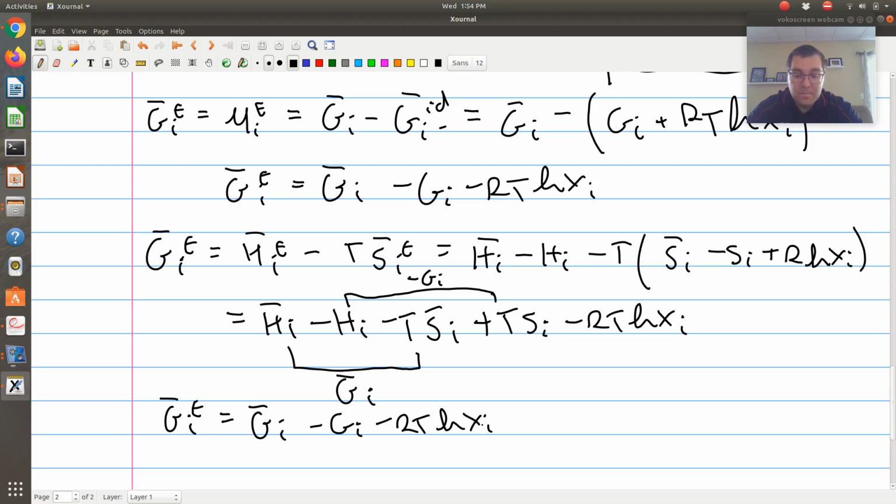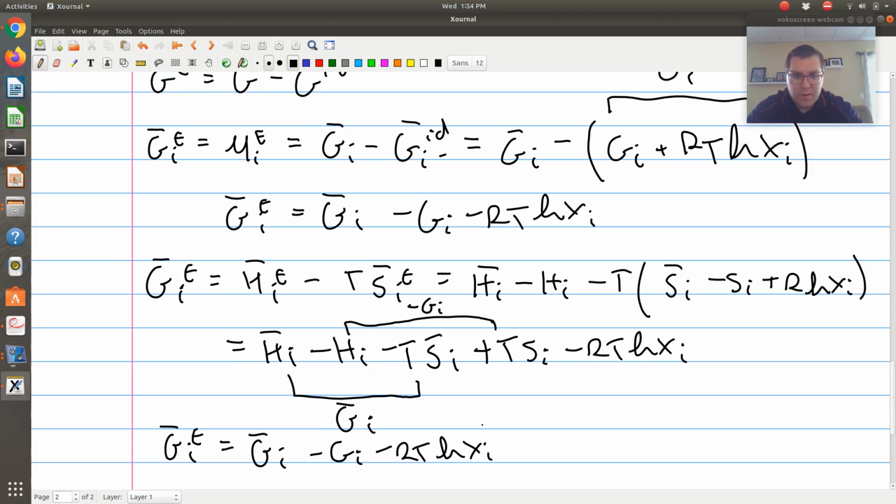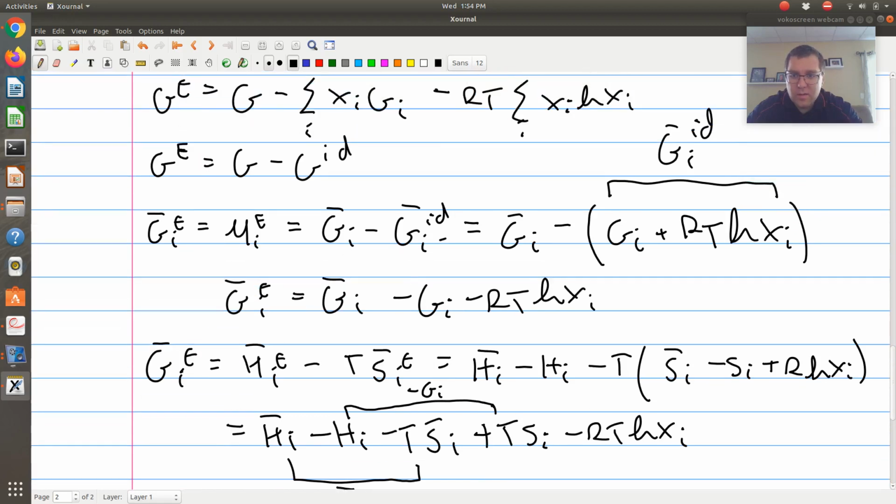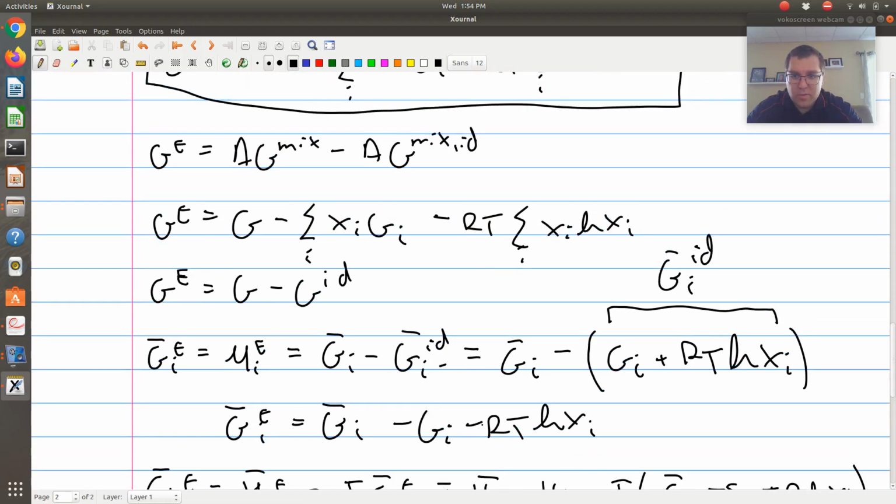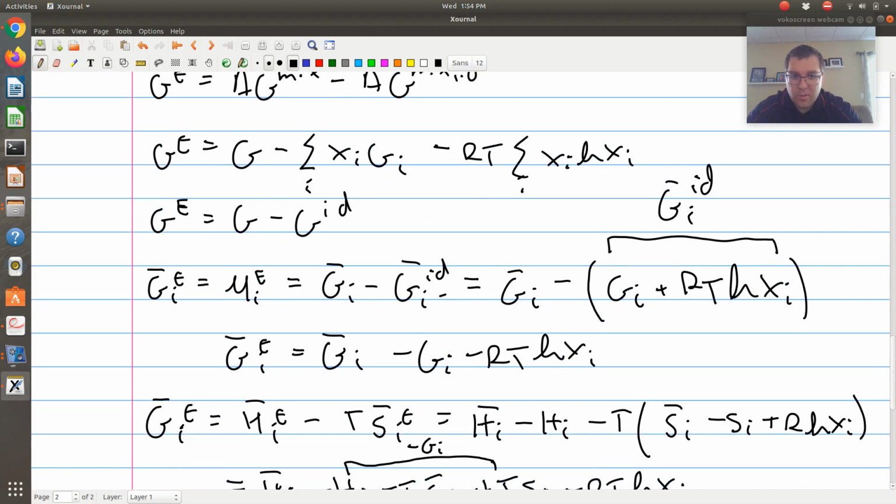Okay, cool. The last thing I'd want to point out is, let's see if we can get it from any of our expressions here. So excess property is actual relative to that of an ideal solution. An ideal solution is a system in which all of our intermolecular interactions are exactly the same.